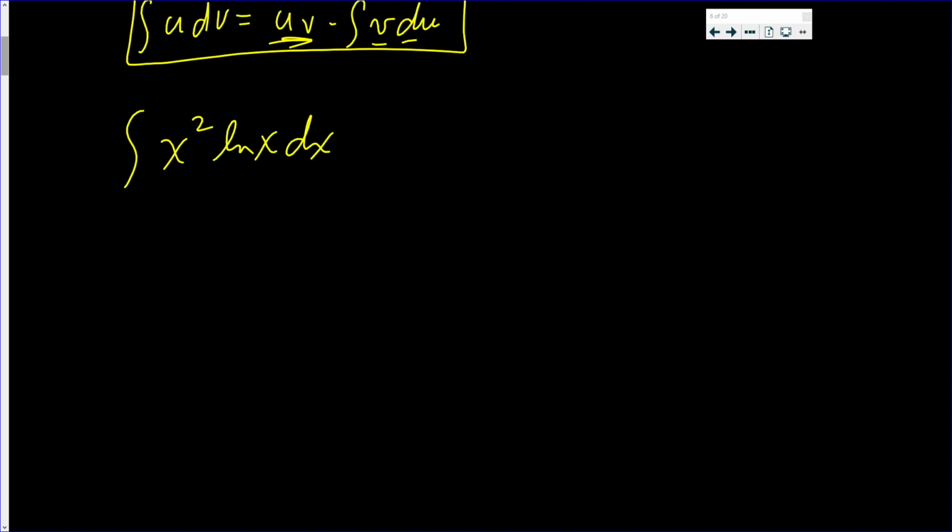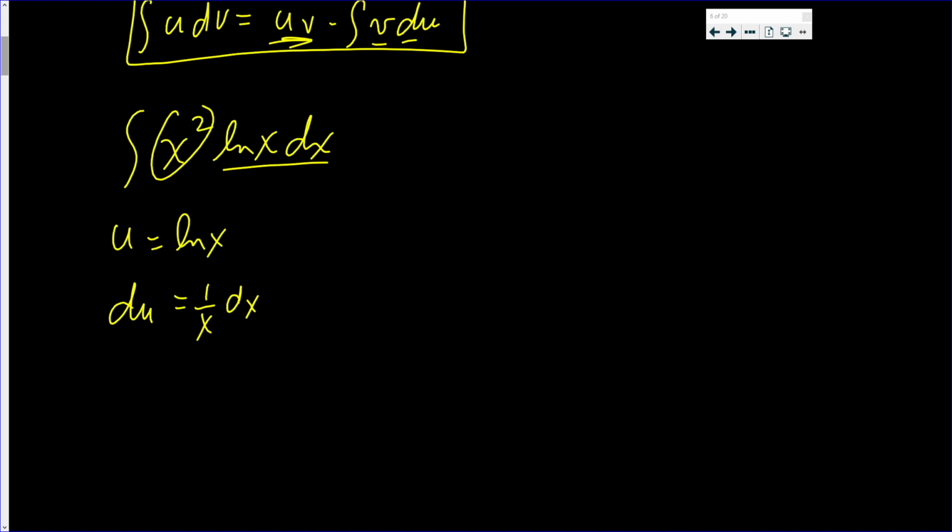Now remember, say you call this u, then what's left over is dv. And you better know how to compute the integral of dv. And I don't. So I'm going to let u equal ln of x. So then du will be 1 over x dx.